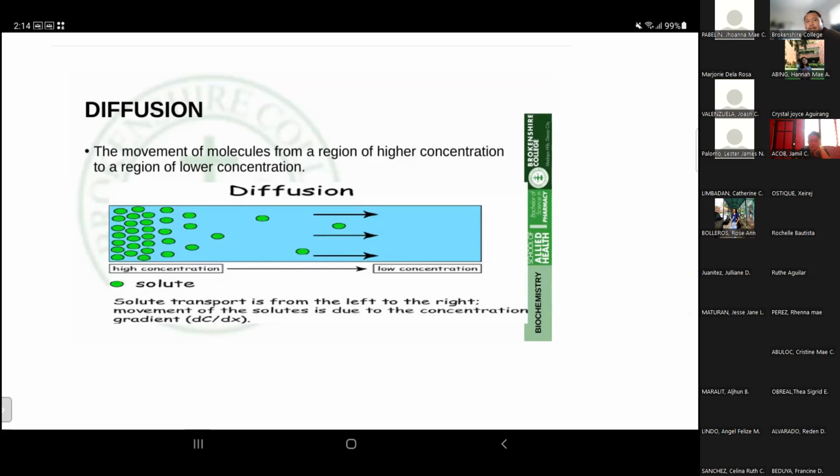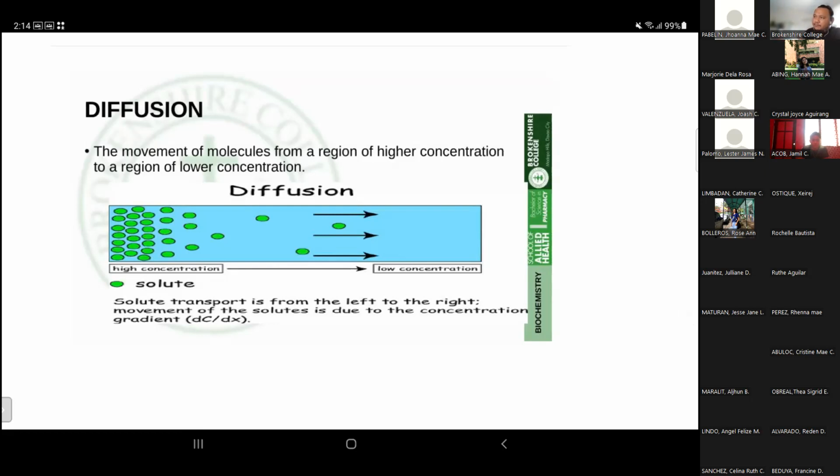Have you been able to perform that in your senior high laboratory? In a diffusion of dye in a gel? Or in the microbiology laboratory, diffusion is done through diffusion of dyes through agar.